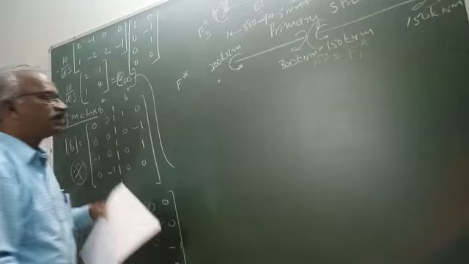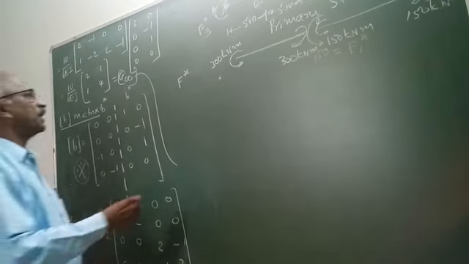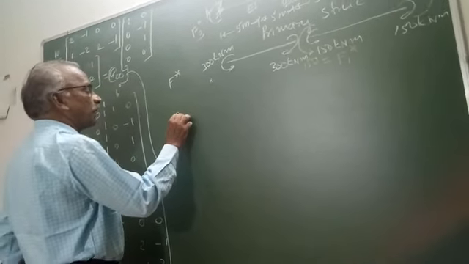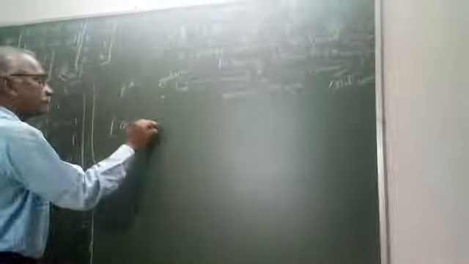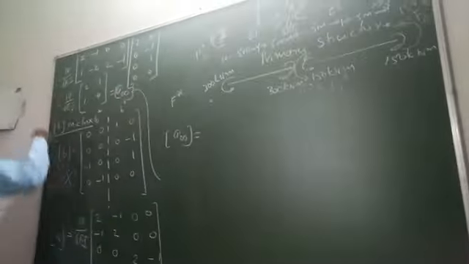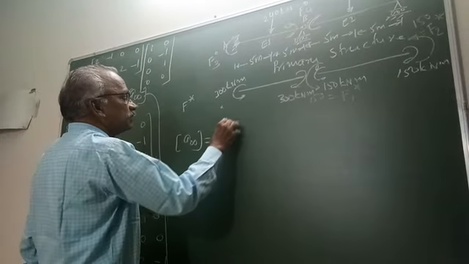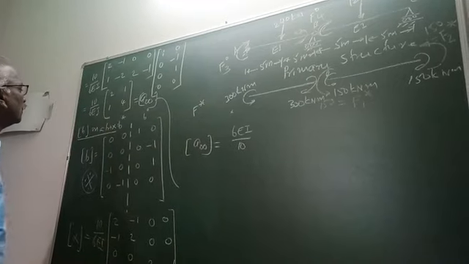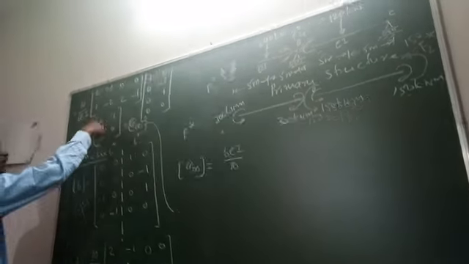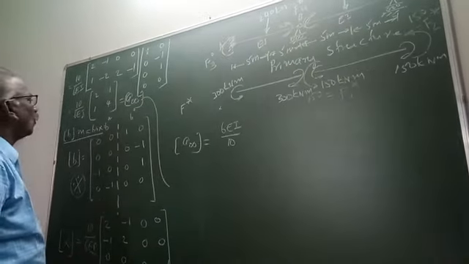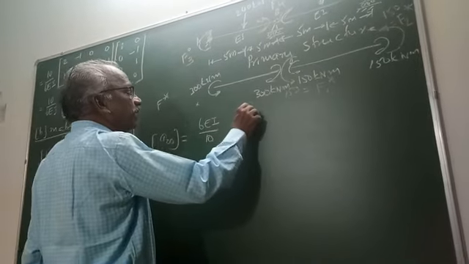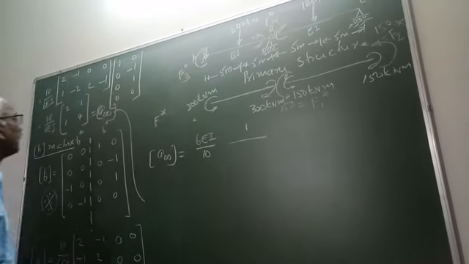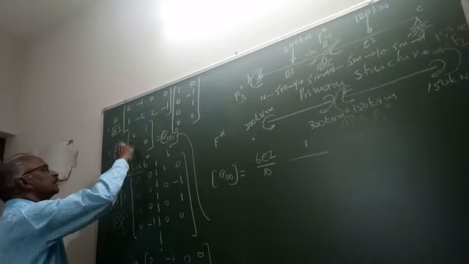As per the formula for the redundant forces, we have to find A naught naught inverse. A naught naught inverse will be 6EI by 10 into 1 by determinant into adjoint of the matrix. The determinant is 2 into 4, 8, minus 1.